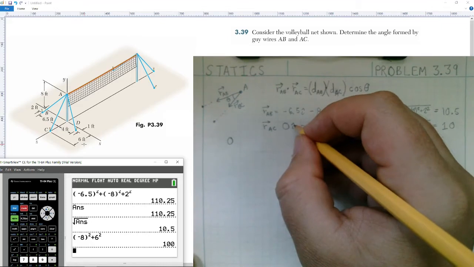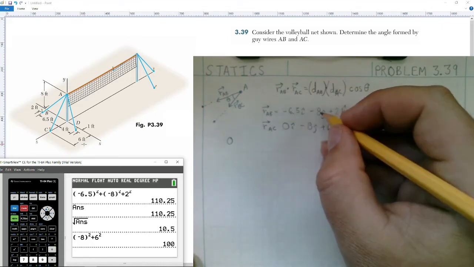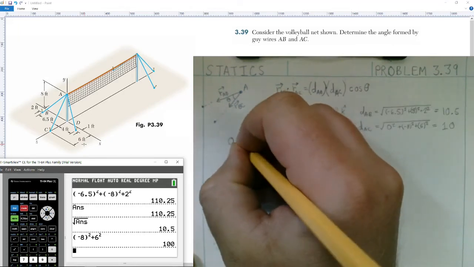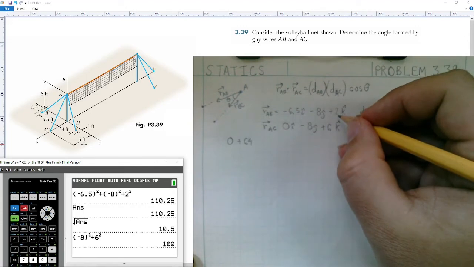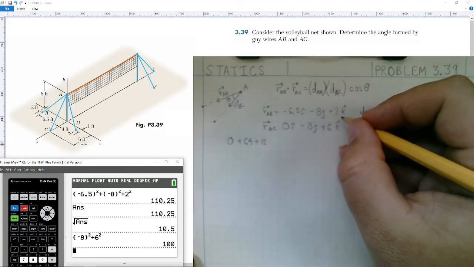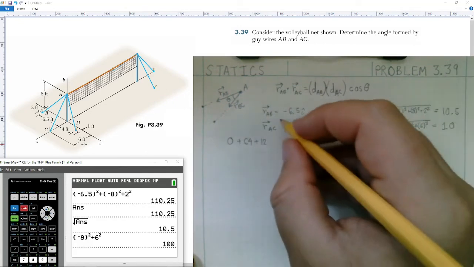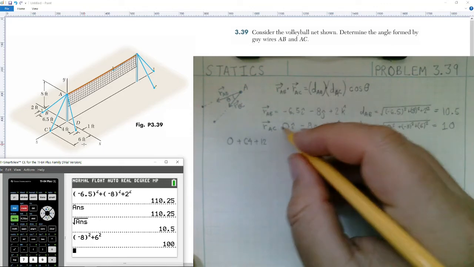We have the dot product of negative 8 and negative 8 becomes positive 64. And then we have positive 2 times 6, so plus 12. The i hat times other components, j hat times other components, all cancel out with these zeros.